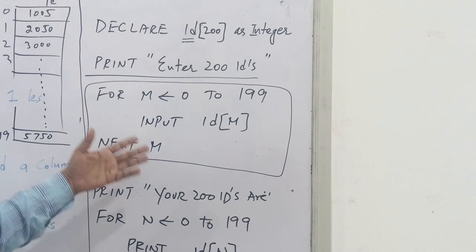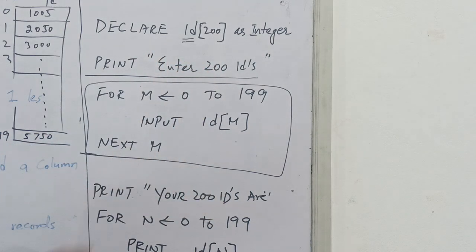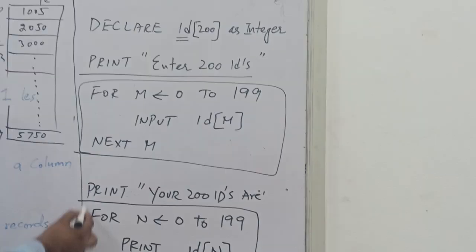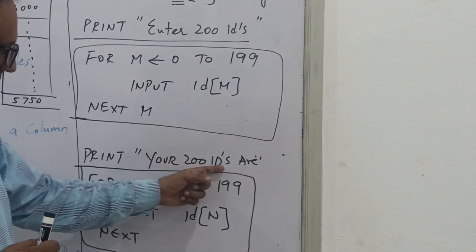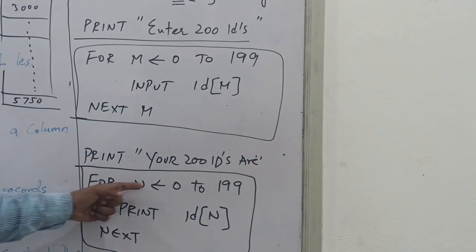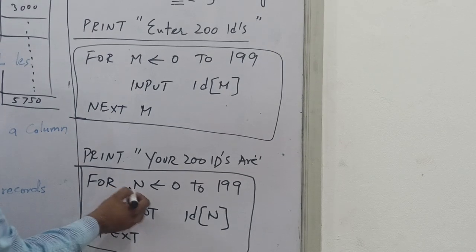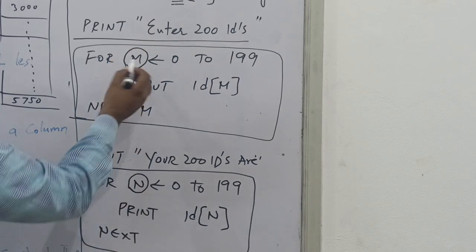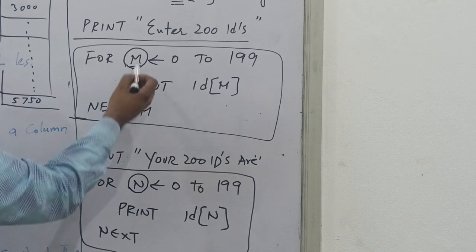Now, if you want to print all those 200 array values, you also need to use another loop. Just come to this place. It says print your 200 IDs are, and then we use for n is equal to 0 to 199 again. Why I am using this n? I have told you many times that you should not reuse a variable name that has already been used in a for loop.